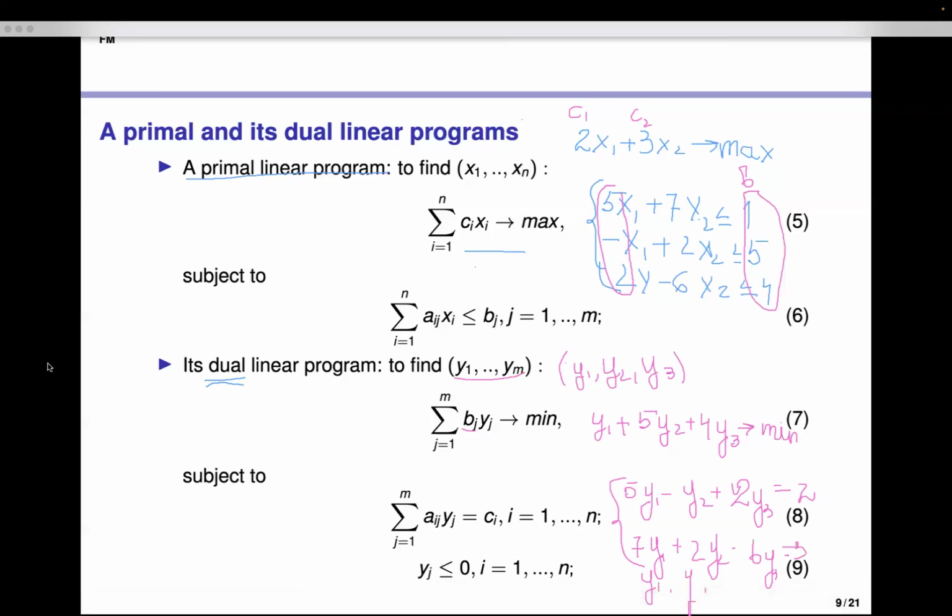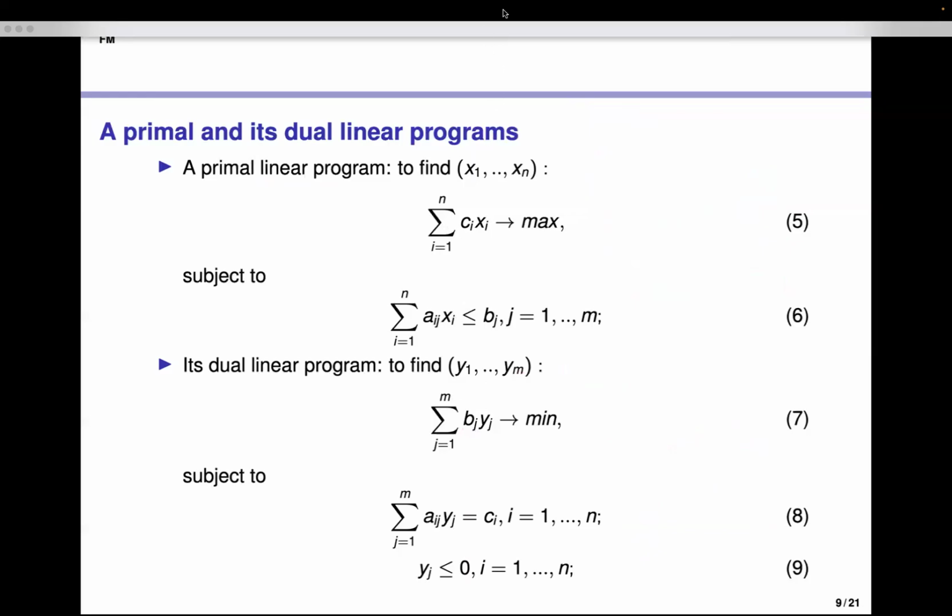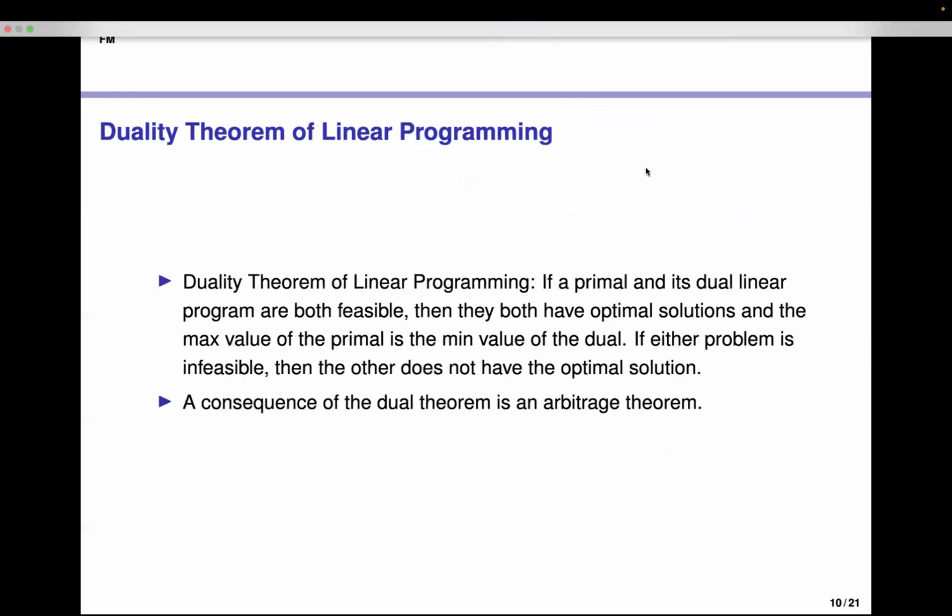We repeat it, yes? And we know the duality theorem of linear programming. This theorem states that if a primal and its dual linear program are both feasible, then they both have optimal solutions, and the max value of the primal is the minimum value of the dual.